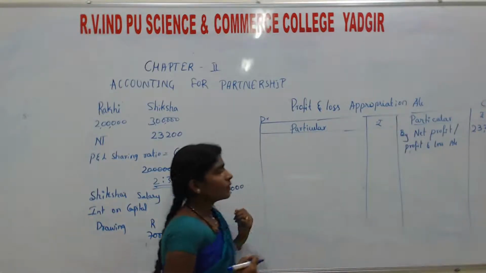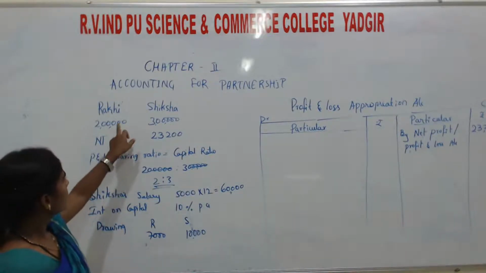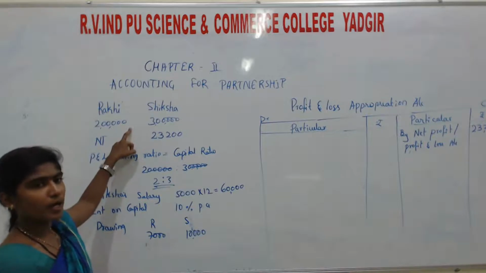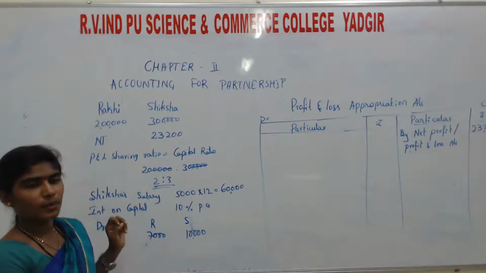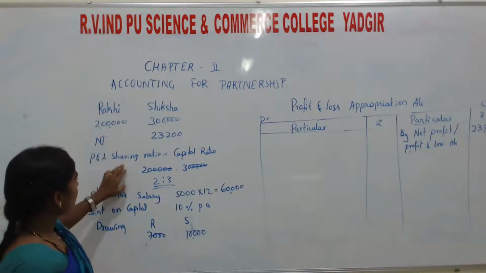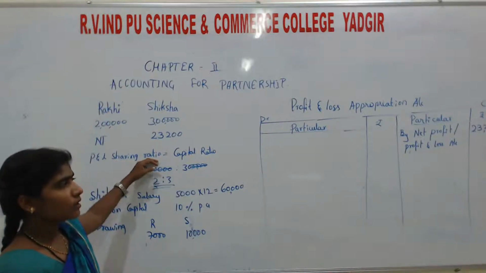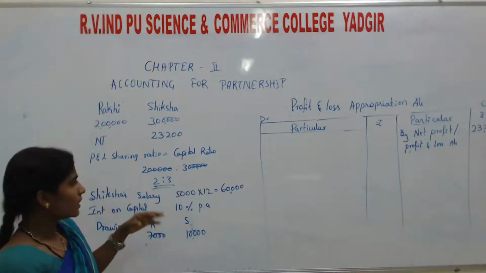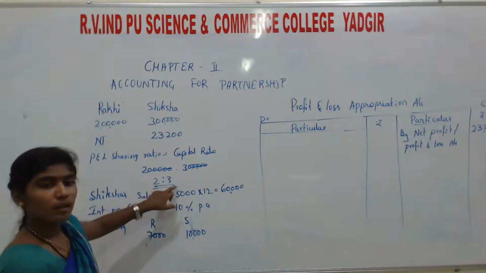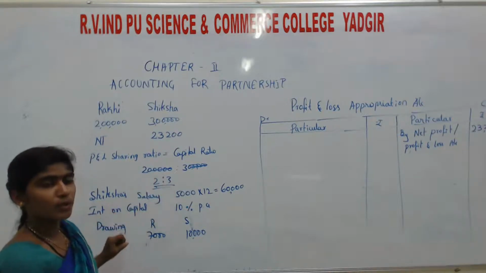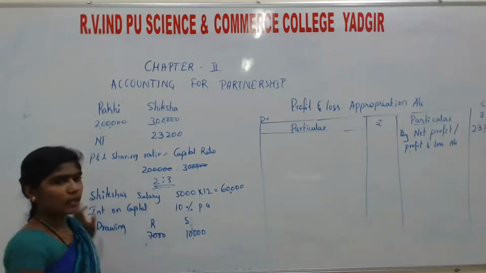Then next information. These are the capitals of the partners, so capitals of the partners are entered in the partners' capital account. So leave it. Next, profit sharing ratio. After you get profit or loss, that is distributed among the partners in this capital ratio 2:3. Then next, Shiksha's salary.